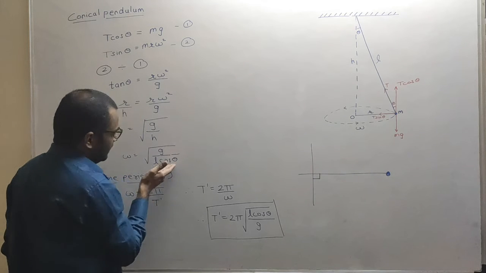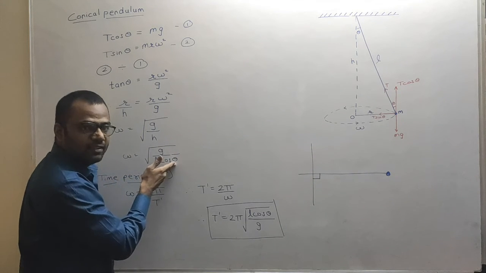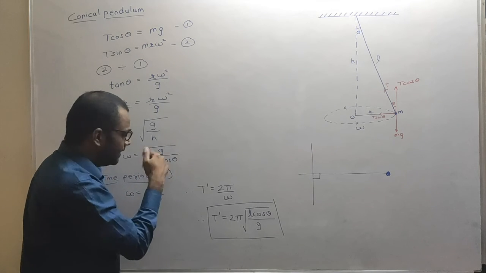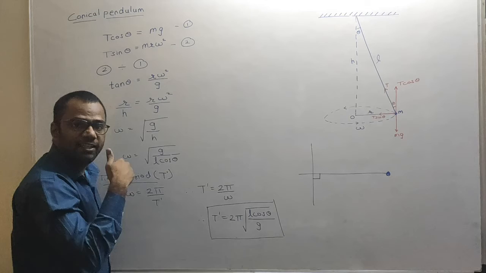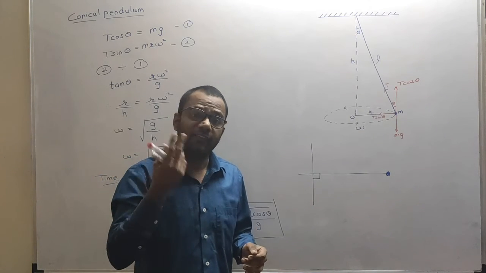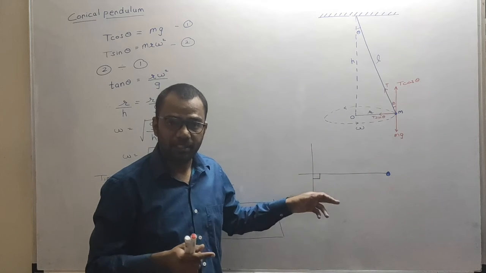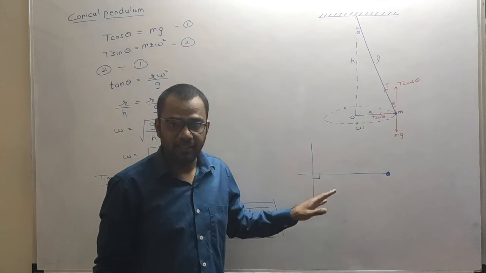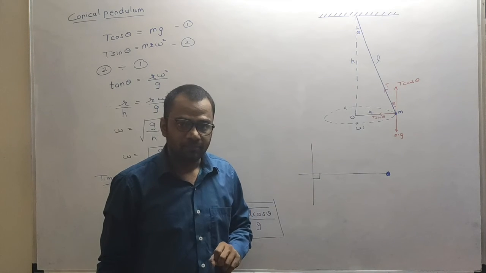Here cos of theta is in the denominator, so we will get 0 in the denominator. That will make omega infinite. That means the angular velocity of the bob will be infinite if this angle is 90 degree. That means the velocity of the bob will be infinite. Now that is not possible, right?